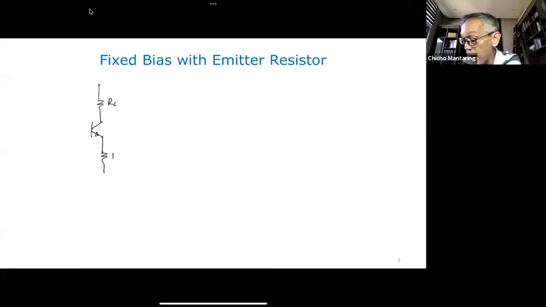This is what I'm going to add: RE. This is still my RB. Now this is going to be my V sub O.